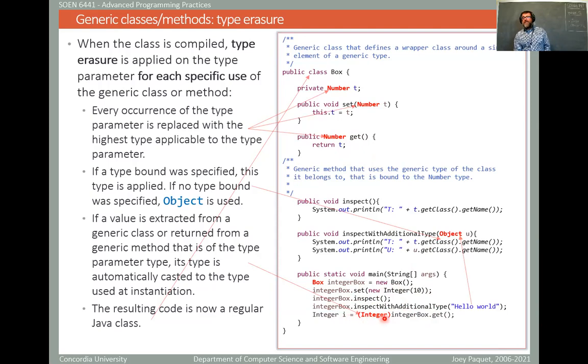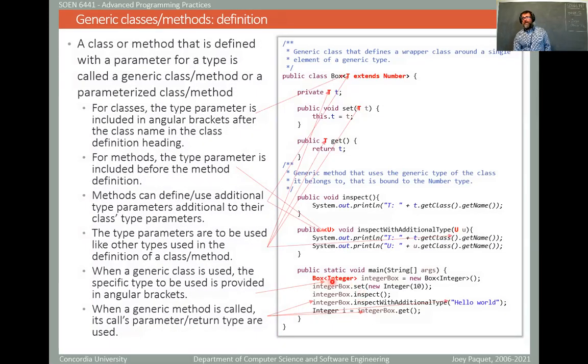So you need to downcast this Number into an Integer. And it knows how to do that, because what you did is create a Box of Integer. So it knows that this get needs to be typecast from Number into this specific Integer. That's a process that happens when you compile your code and eventually as you execute your code.